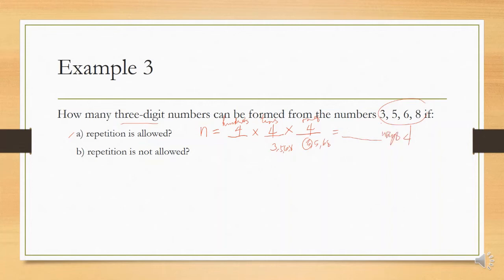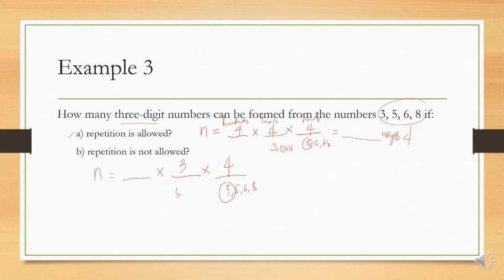Okay? So, for repetition is not allowed. So, the same technique. We write 3 spaces again. But this time, since 4 na yung nagamit natin, halimbawa 3, 5, 6, and 8 dito, halimbawa ginamit natin yung 3, on the tens place, hindi na natin pwedeng gamitin yung 3.